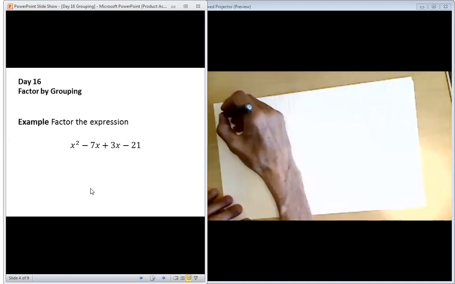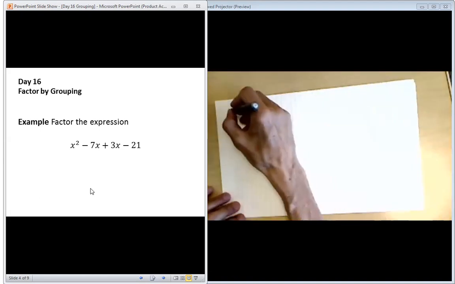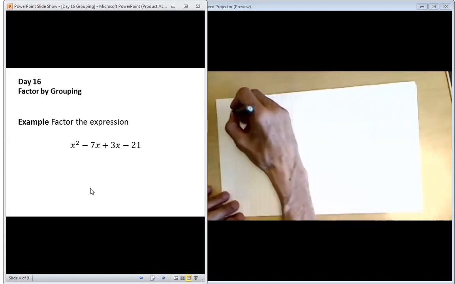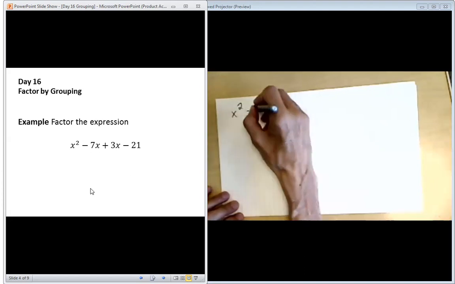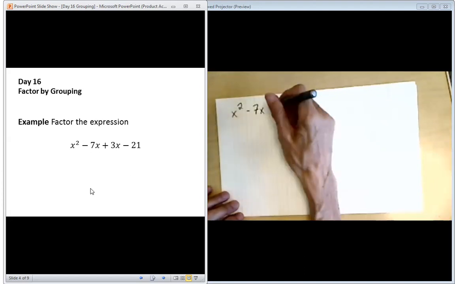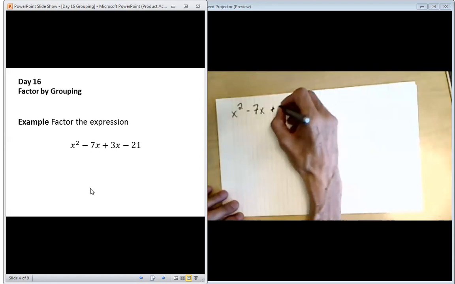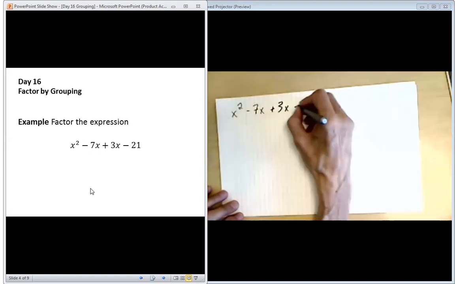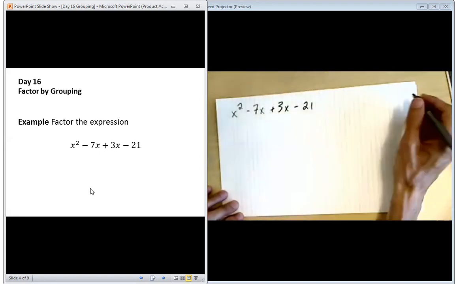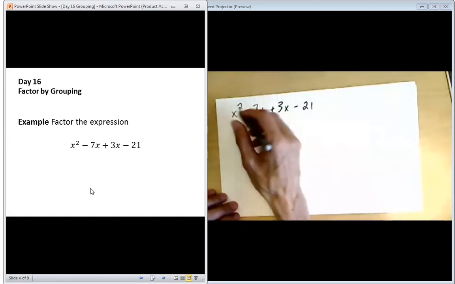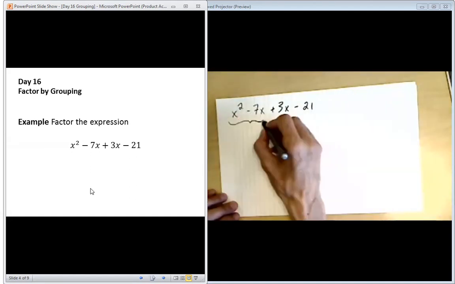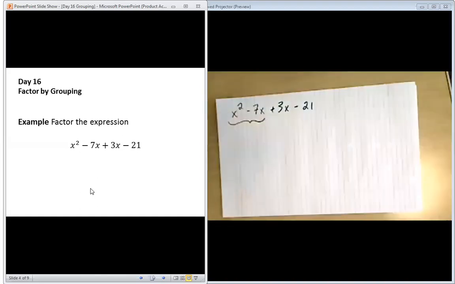So, write this down. X squared minus 7x plus 3x minus 21. And so what we're going to do is take the GCF from those 2 terms first.